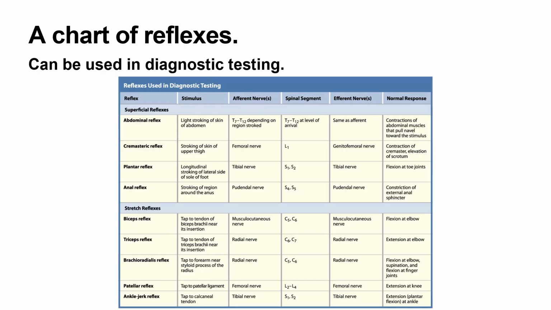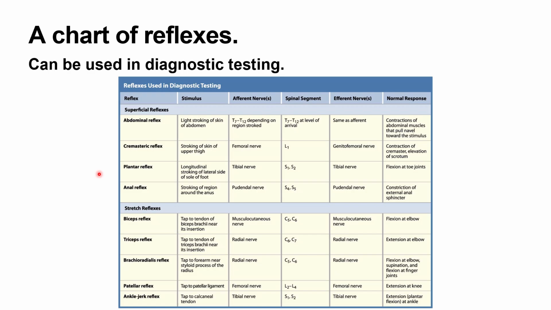And then, of course, now we have our chart of all of our different most common reflexes that we use in the body. There are going to be plenty of other types of reflexes as well. The blink reflex is one that is not listed on this image right here. The blink reflex is going to be an excellent examination of cranial nerves 2 and 3, the optic and oculomotor nerves.